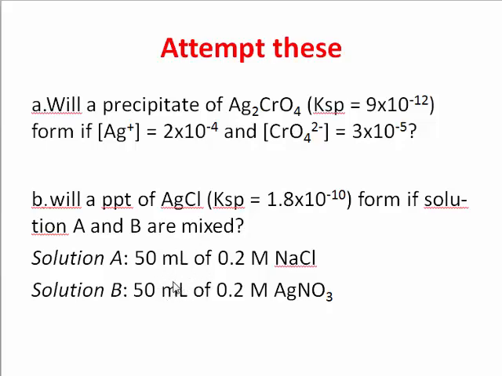So in part B, the result of the mixing will be a 100 milliliter solution. Note that PPT is a common abbreviation of precipitate. Alright. First attempt A, and then attempt the more difficult problem, which is B, before proceeding.